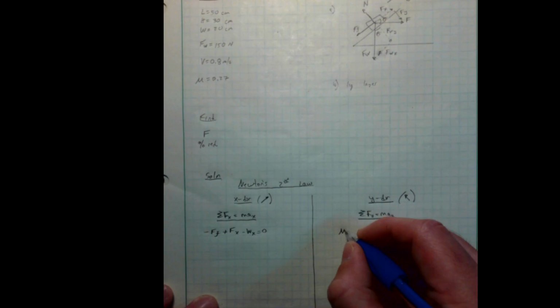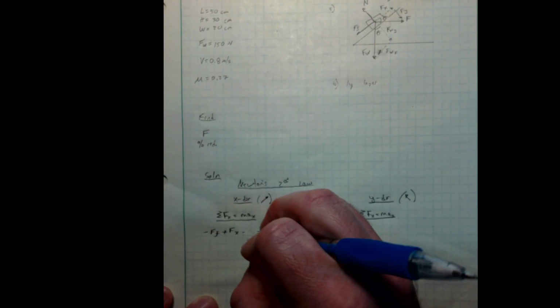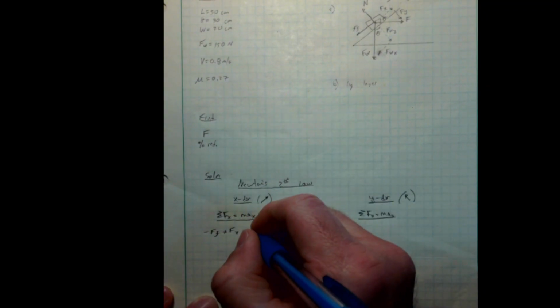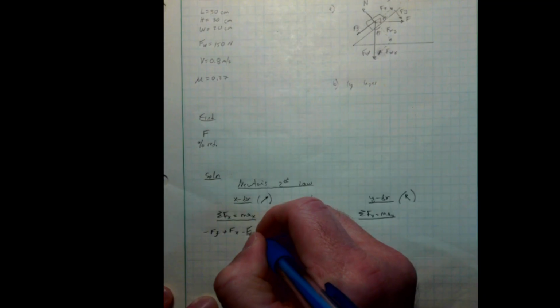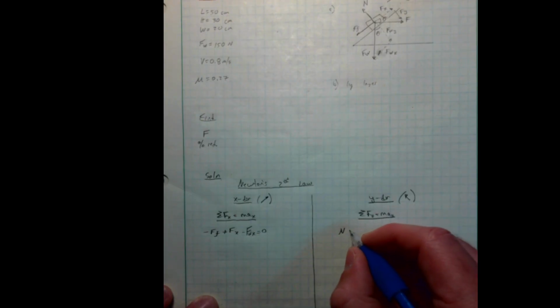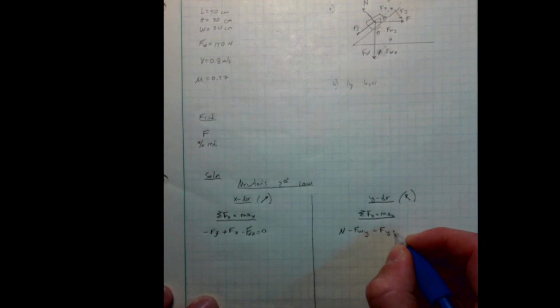In the Y, we have the normal force. I think we didn't call it W, we called it FW, didn't we? FWX. Again, that's why I use pencil. We have normal minus FWY minus FY equals 0.